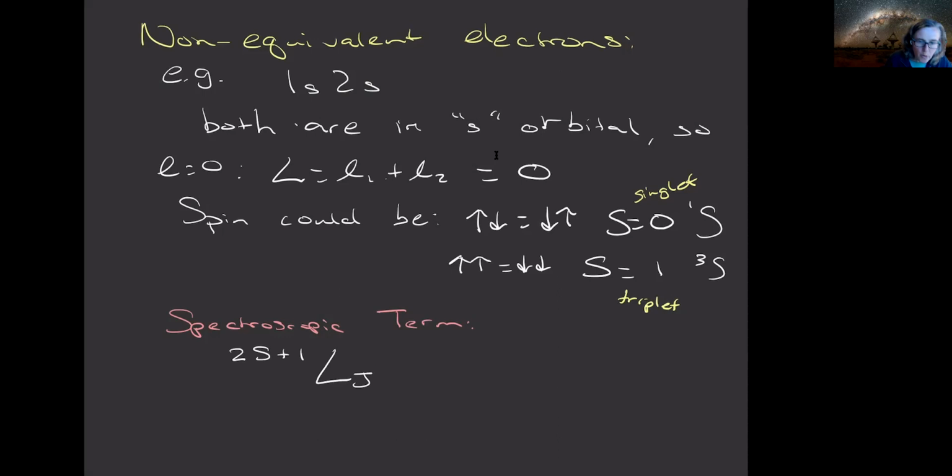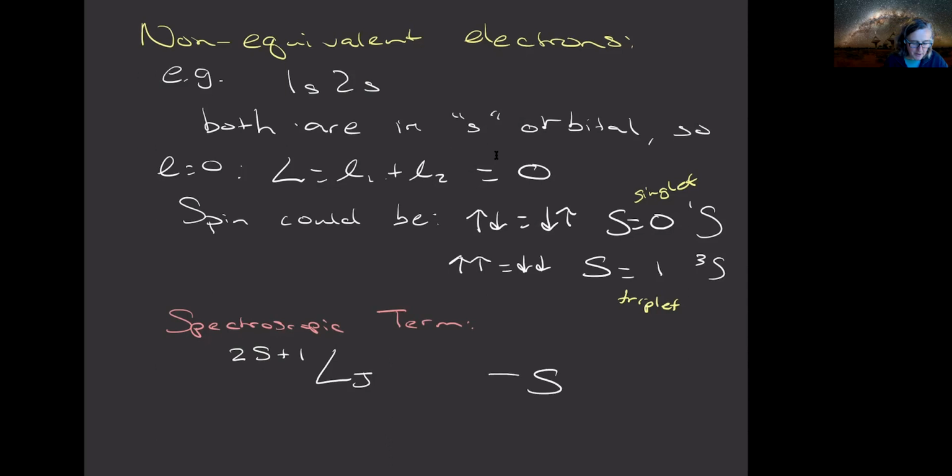And L is the orbital angular momentum number written as S, P, D, and F. In this case, where the total orbital angular momentum L is equal to 0, that's a sharp configuration, so we write that as S. That's where I replace my L with an S.